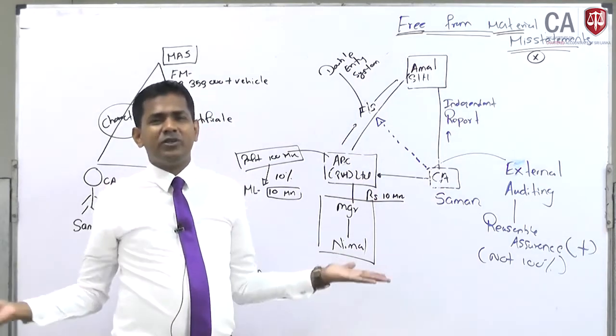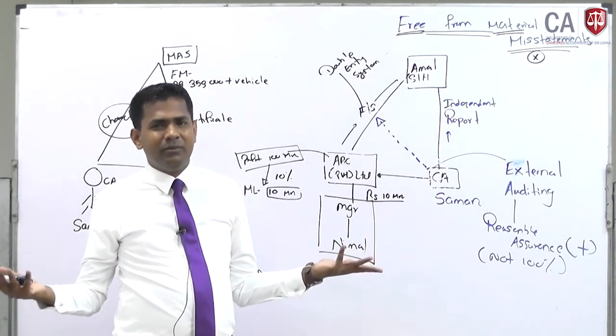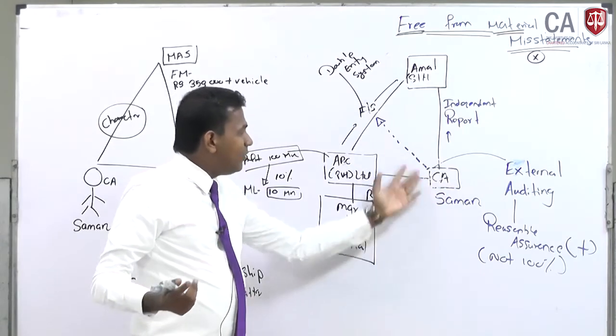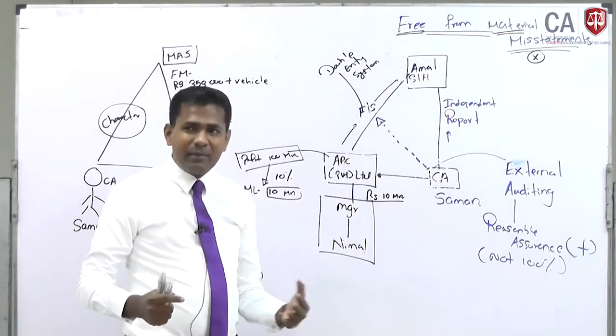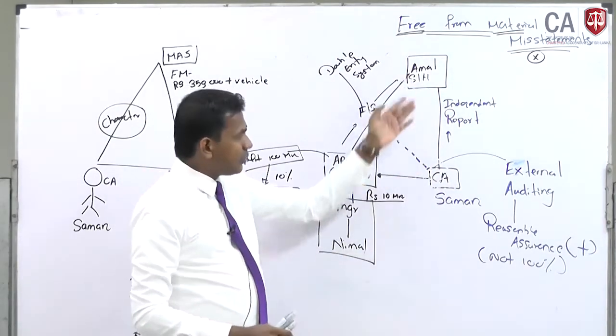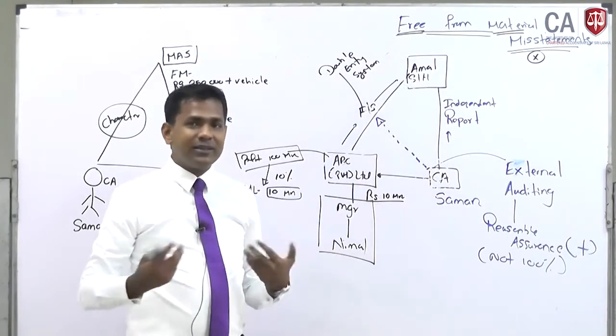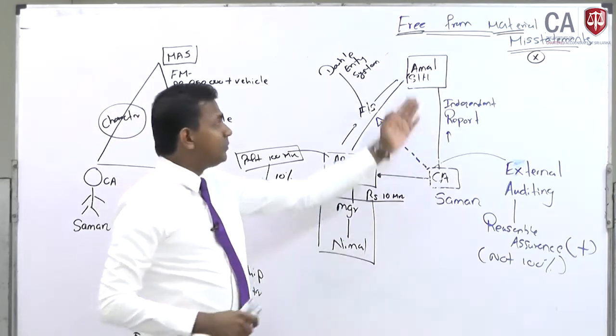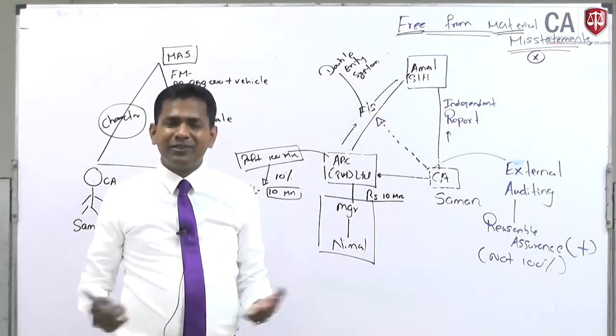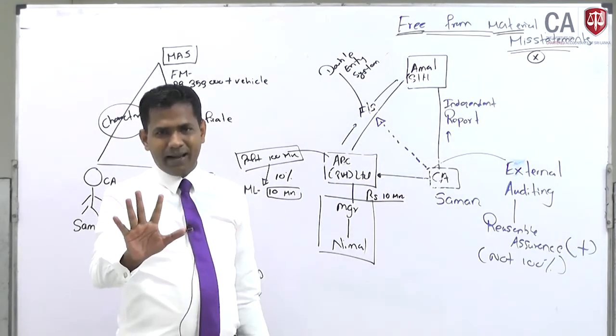There are a lot of audit firms in Sri Lanka, maybe more than 600. So now we'll say this person goes to Saman and it is done in one way, this person goes to KPMG and it is done in another way, this person goes to Creston and it is done in a different way, and this person goes to Deloitte and it is done separately. You can't remember that.